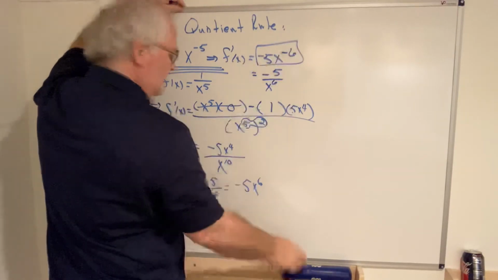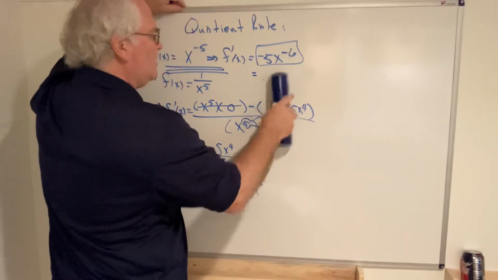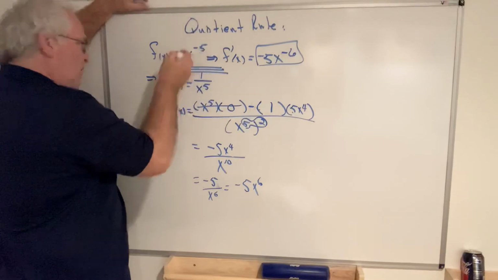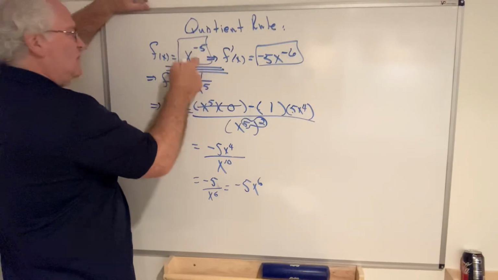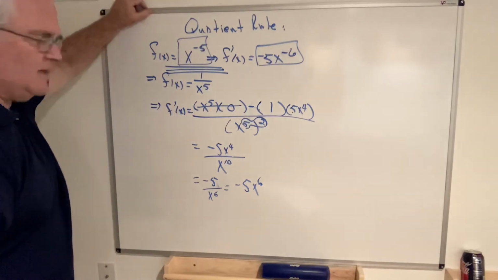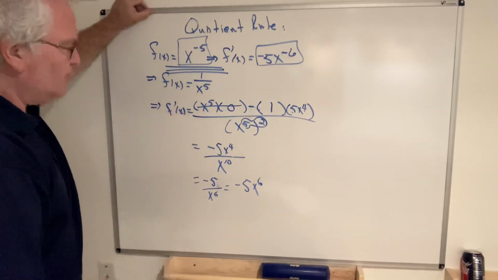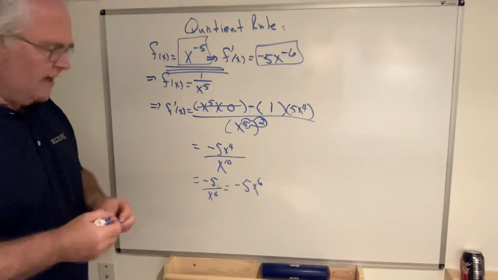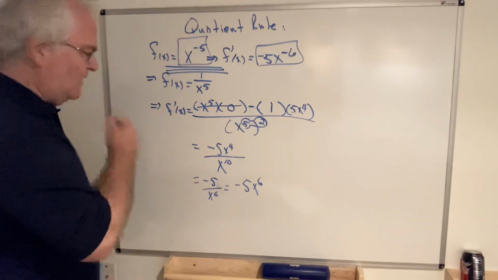Negative 5x to the negative 6 is just fine by me. All right? So the quotient rule says that's why, yes, we may use the power rule with negative exponents. And as it turns out, we won't go through the proof of this, you may use the power rule with decimal exponents as well.